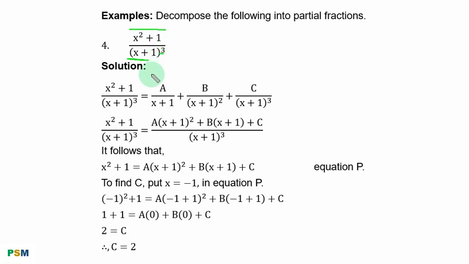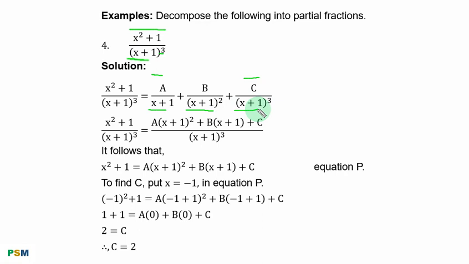The first one is A over the given linear factor when the power is 1, plus B over the given linear factor when the power is 2, plus C over the given linear factor when the power is 3. That is all you have to do.